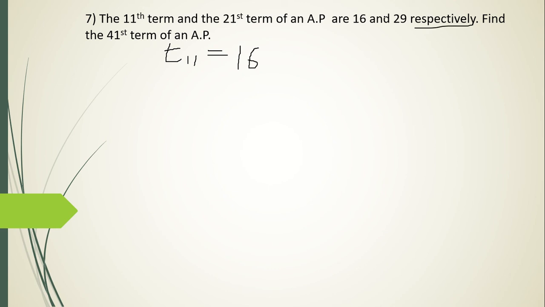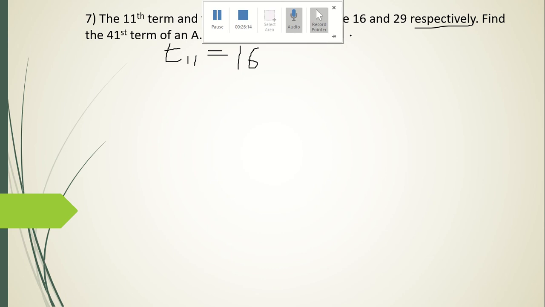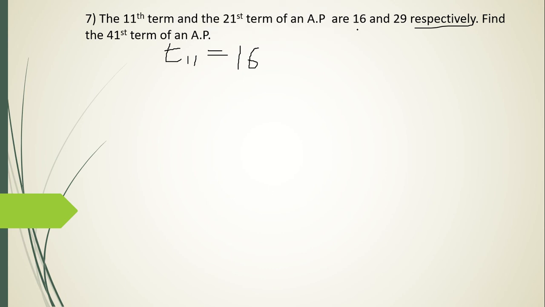Respectively means the 11th term is 16 and the 21st term is 29, in that order. Find the 41st term of the AP. That means T of 41 we have to find.